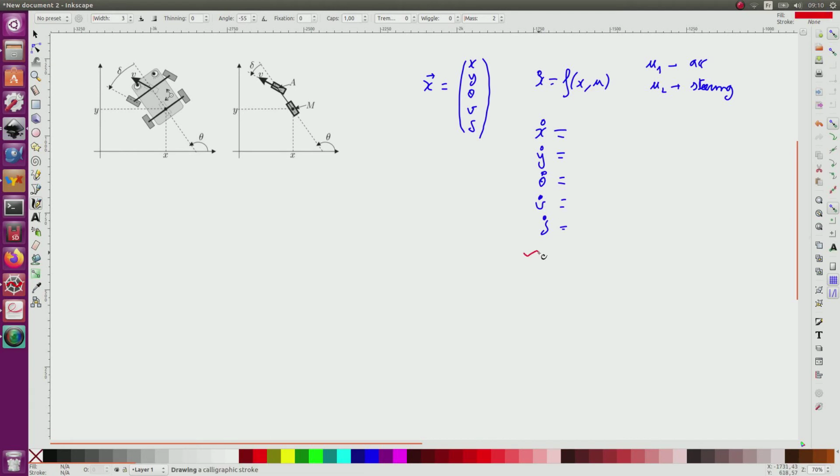So all these correspond to x dot, and here I should obtain something which is f of x and u, where x is the vector. So it means that here I am only allowed to have x, y, theta, v and delta, u1, u2.